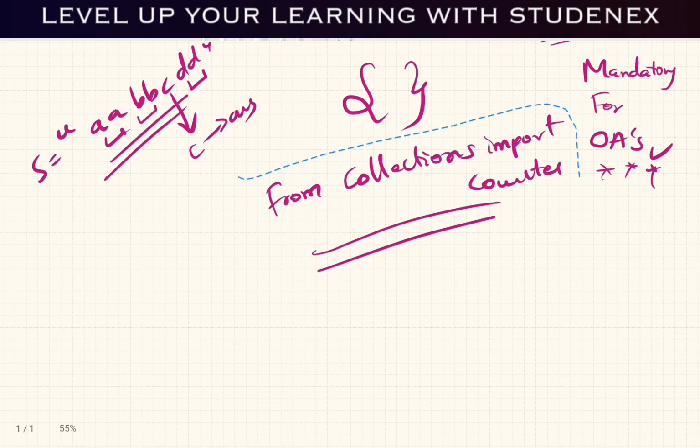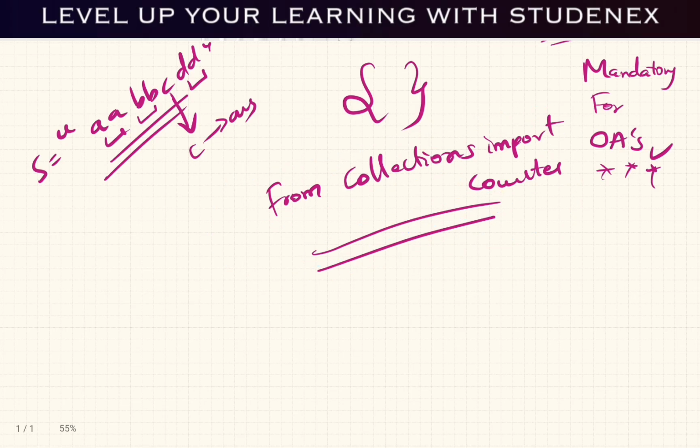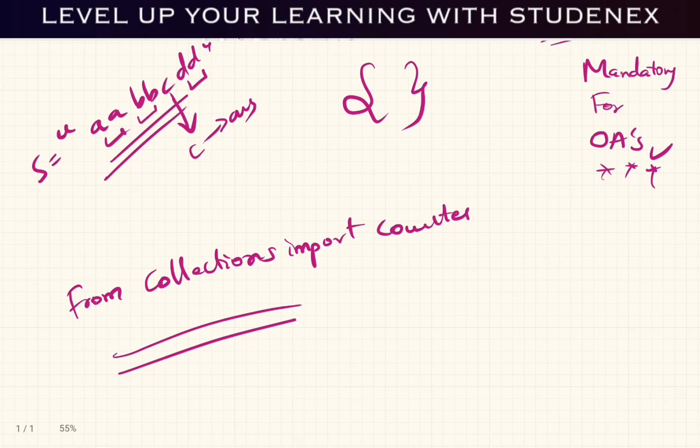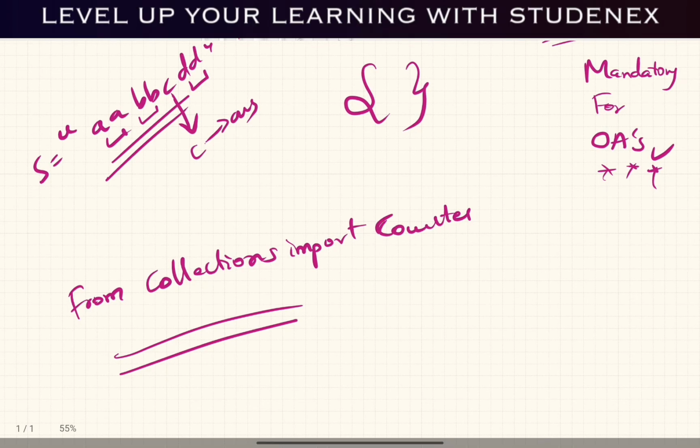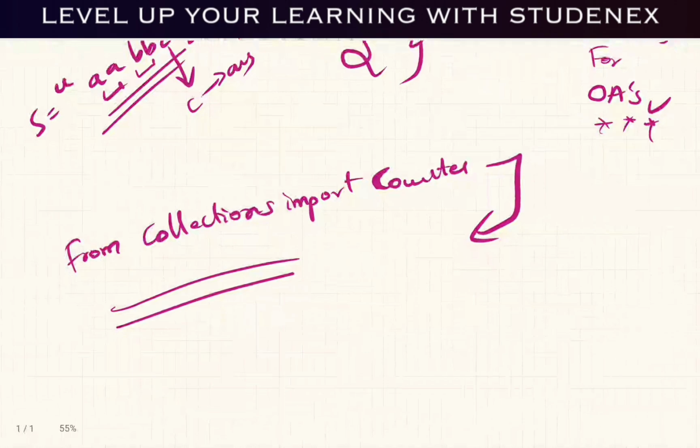So I'm going to drag this whole statement, which you need to write. C must be capital. After writing the statement, you'll be bringing this Counter into your code. Now I'm entering the coding part directly.